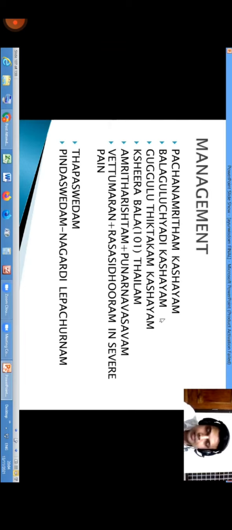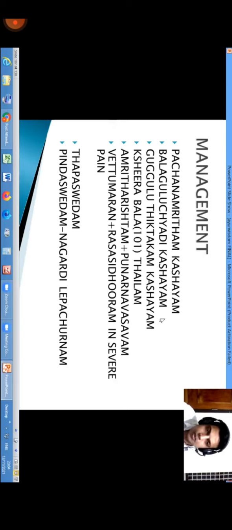Rasasindooram has the capability to increase the activity of any other medicines used along with it. So we can use Rasasindooram in any inflammatory conditions with other anti-inflammatory drugs. It is very useful. You can try it.